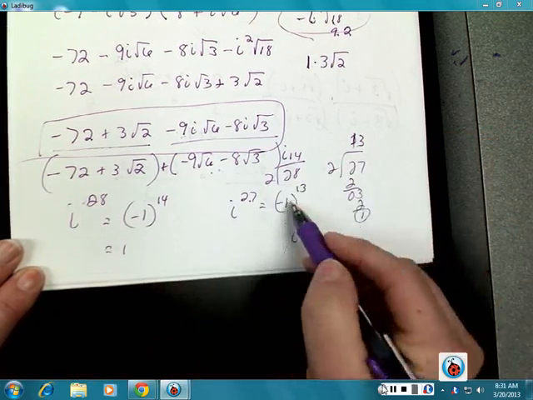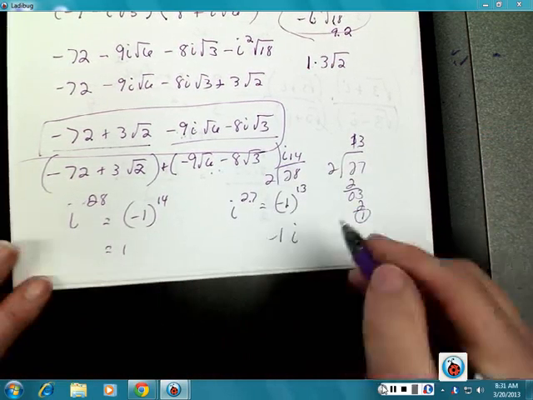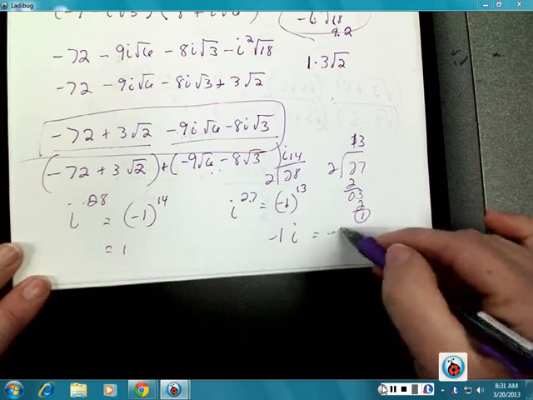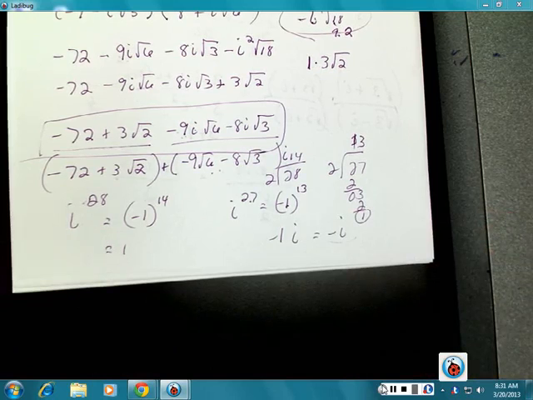When this is odd on a negative, it means I get a negative. So my true answer on this one is simply a negative i. So it's kind of like working binary numbers, really, because every time I get a 2.